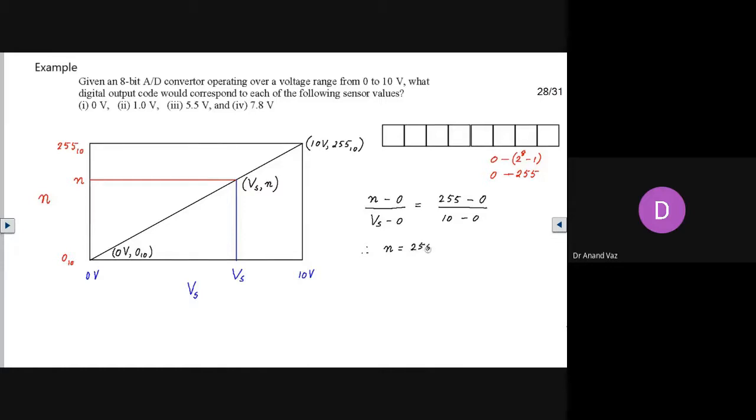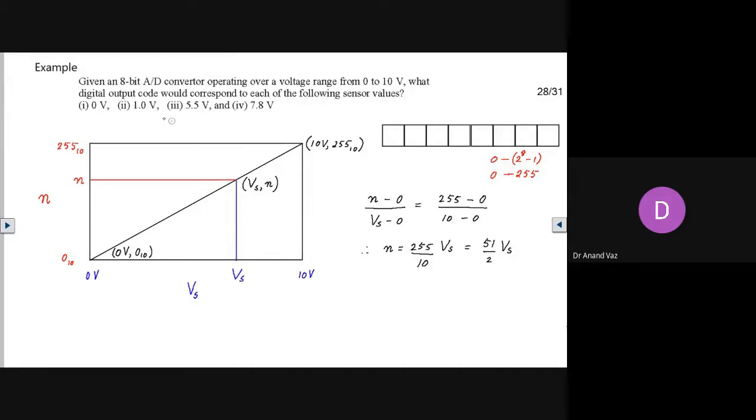Of course, you can simplify it: 255 divided by 10 is 51 divided by 2. So this is the relationship.